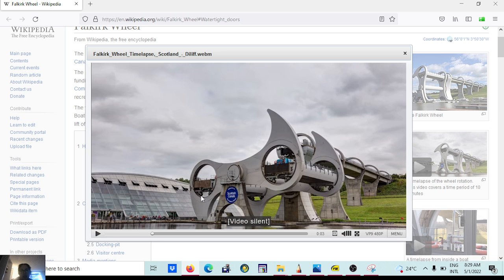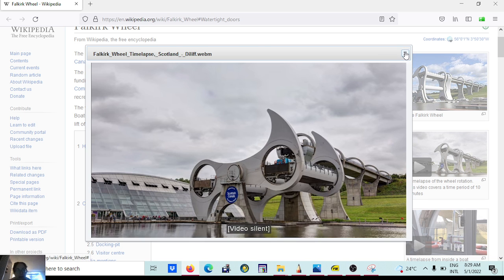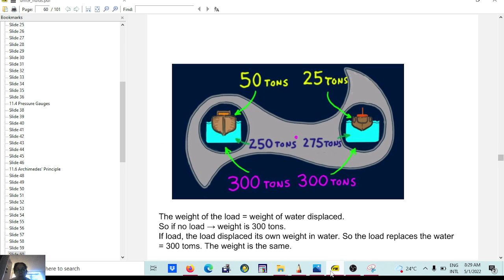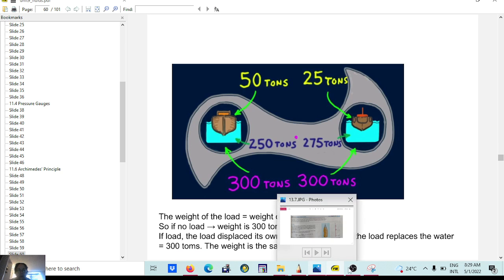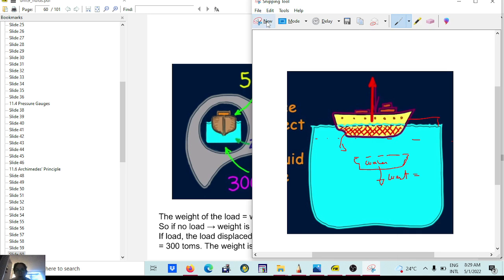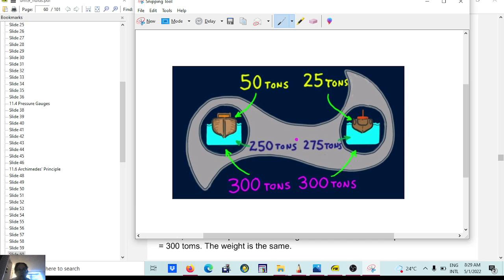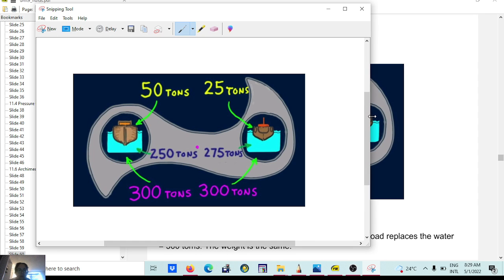So you see here, it's like a balance on both sides, and it's always balanced, given that it's full with water. Okay, so I will explain why. This drawing comes from Hewitt, from the book.